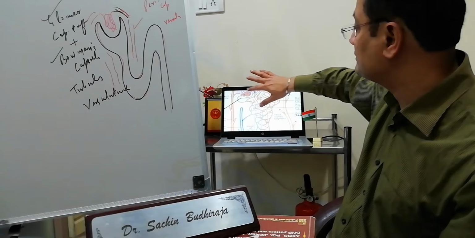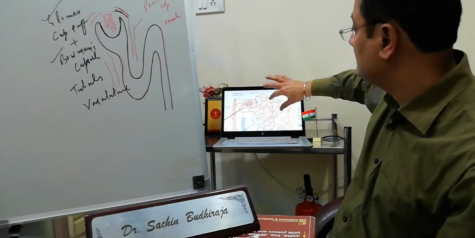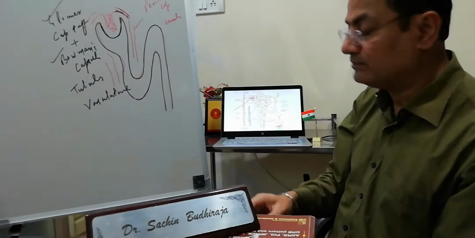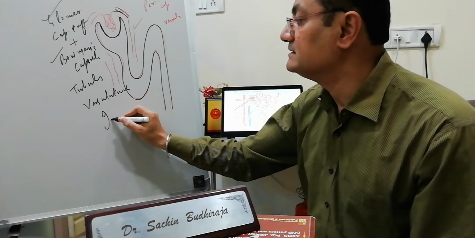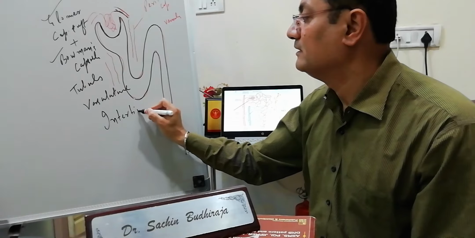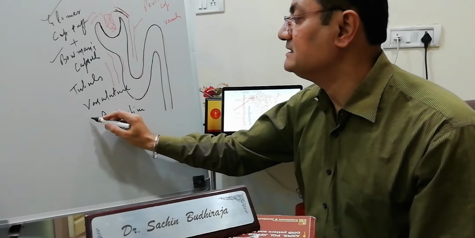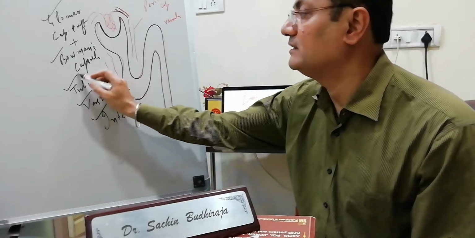So this vasculature, the glomerulus, the tubule has been put into a ground tissue. You call it interstitium. Right, so as per the basic anatomy, these are the four structures down there in the human kidneys.